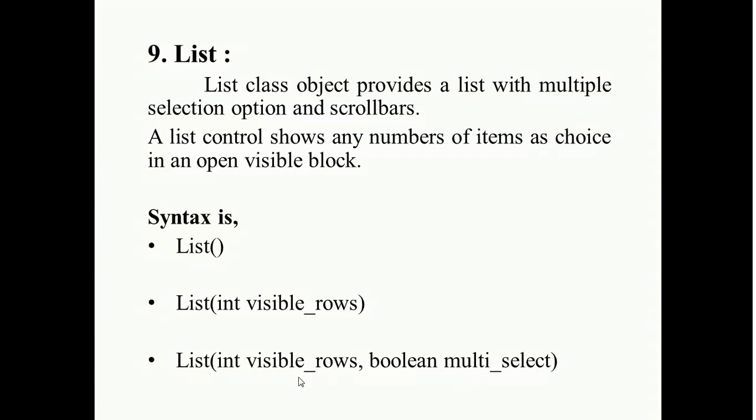And int visibleRows is nothing but the number of entries in the list that will always be visible. These three are the constructors of the List.